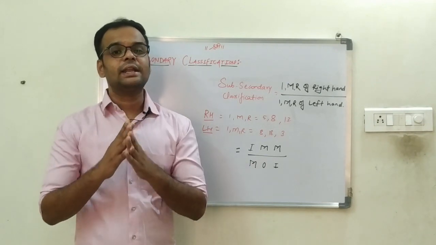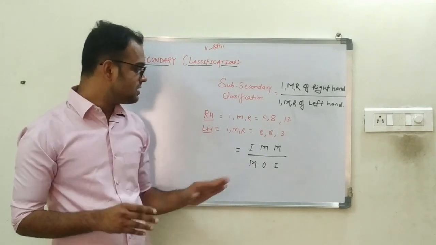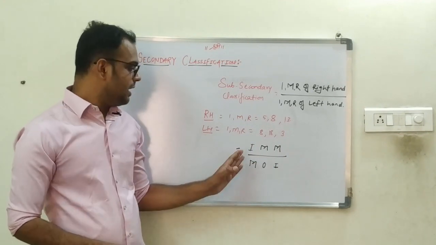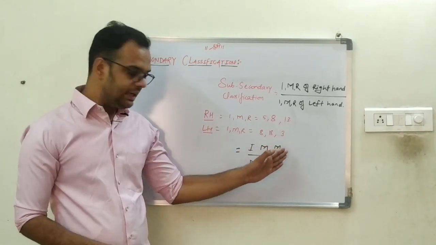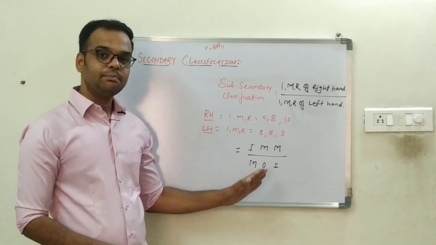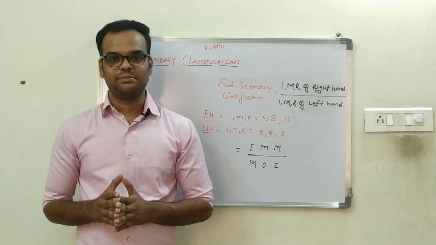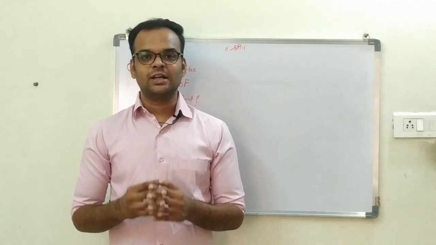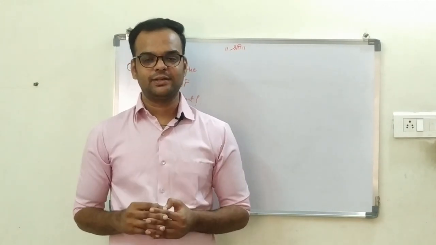Then the sub-secondary classification for this is IMM upon MOI, that is inner type, meeting type, meeting type upon meeting type, outer type and inner type. So guys, this was all about the classifications of fingerprint.